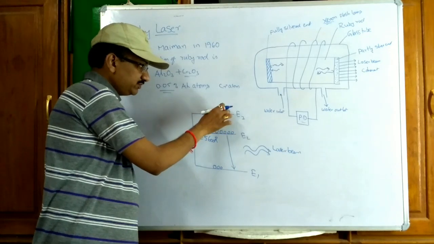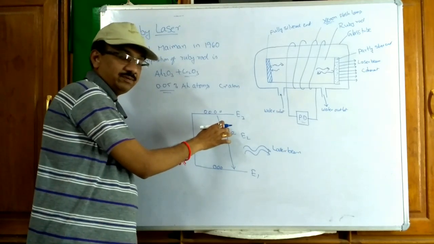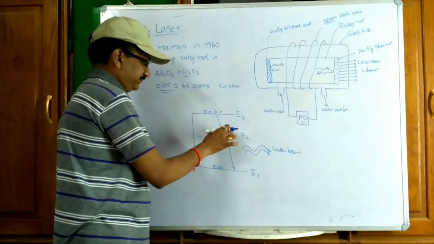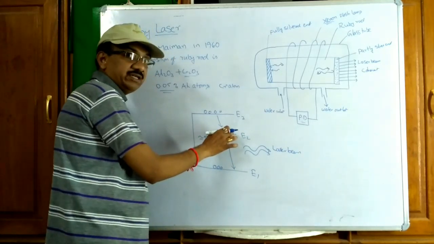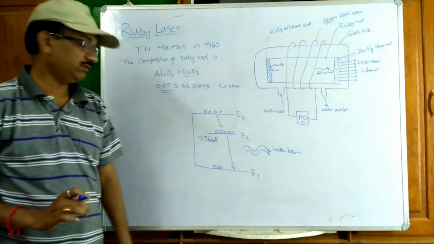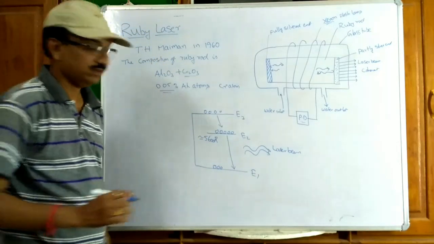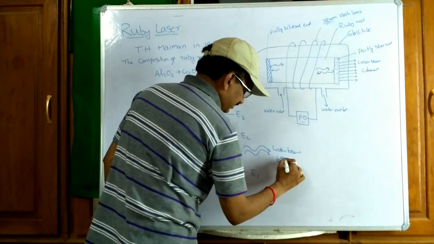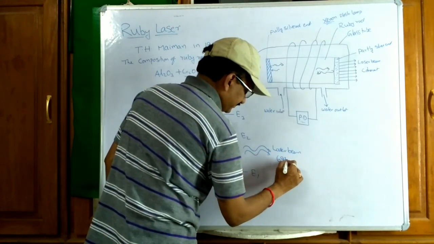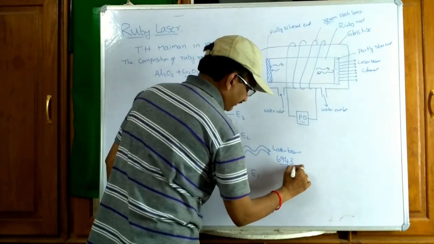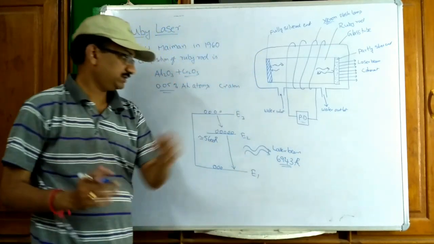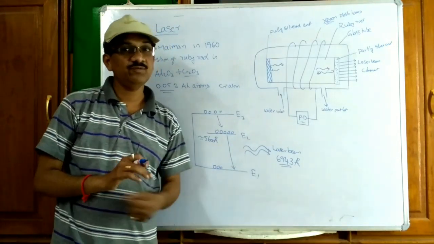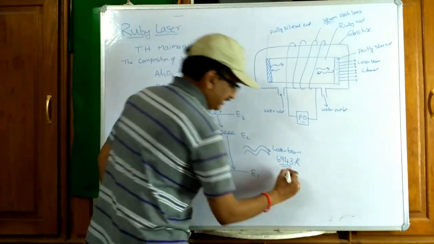While the atoms move from the excited level to the metastable state, they won't release any radiation. But from the metastable state to the ground level, they release energy. The wavelength of this emerged laser beam is around 6943 angstroms, in the red region.